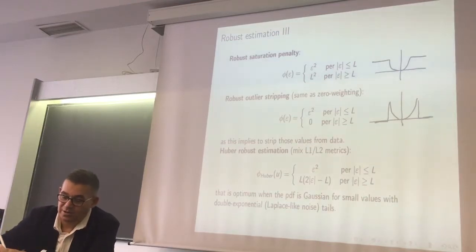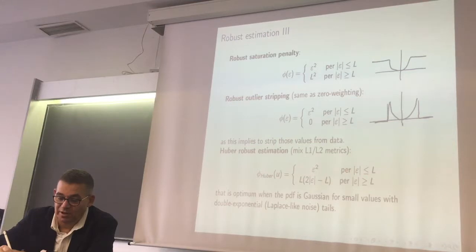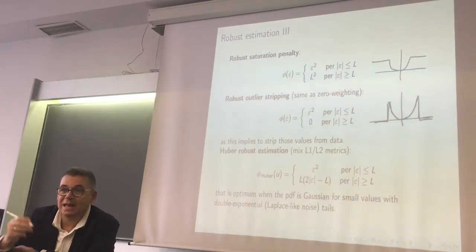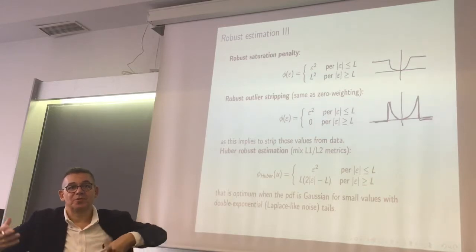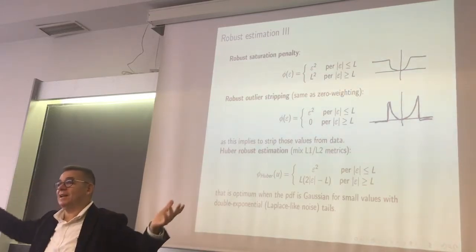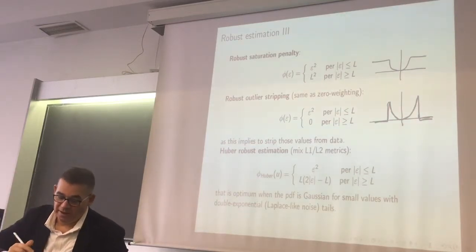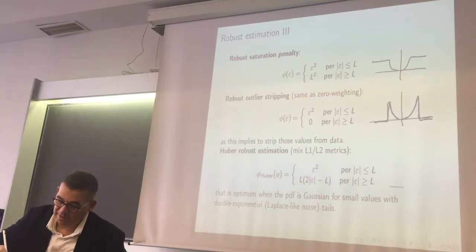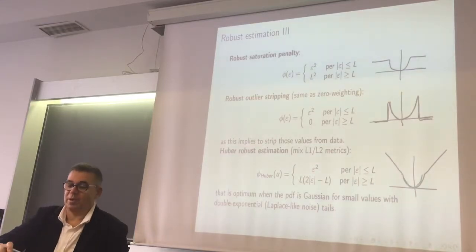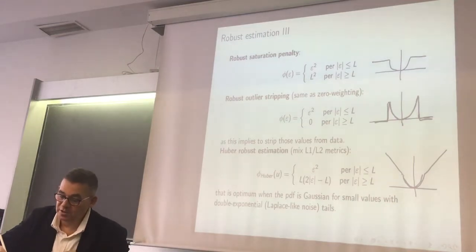This is equivalent to making a weighting factor equal to 0, which means if a sample is too big, then I take that sample and strip it away. And the last one, which I gave you an intuitive description of, is the so-called Huber robust estimation, whose behavior is quadratic in the lower part around 0 and linear far away.